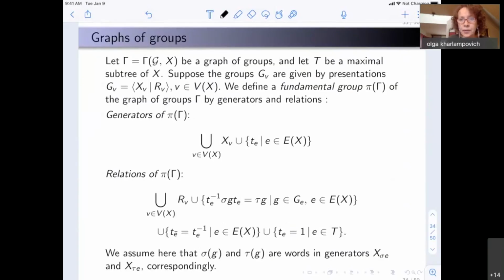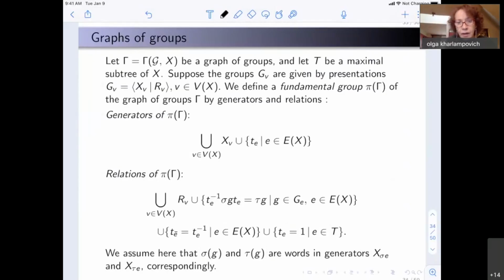Let T be a maximal subtree. Suppose that these groups are given by presentations, so XV is a set of generators and RV is a set of relations, and we define the fundamental group of the graph of groups by generators and relations. The generators are going to be the union of all these X's and a new letter TE for every edge.